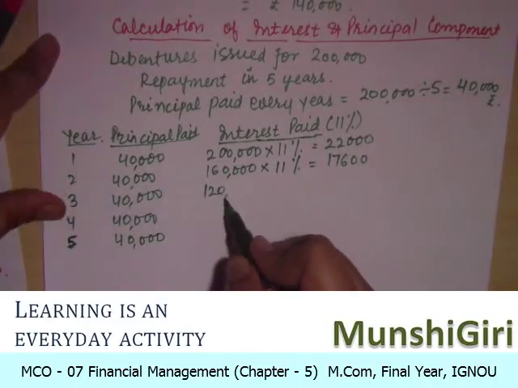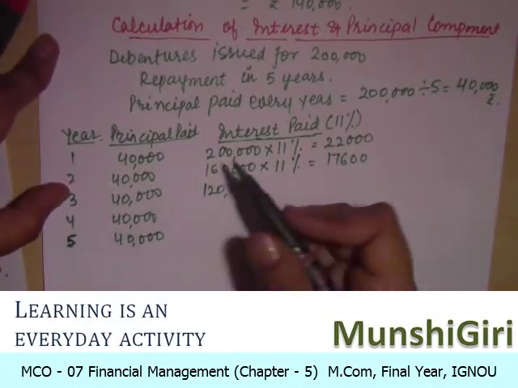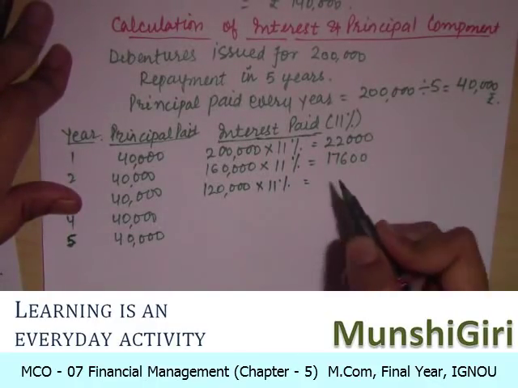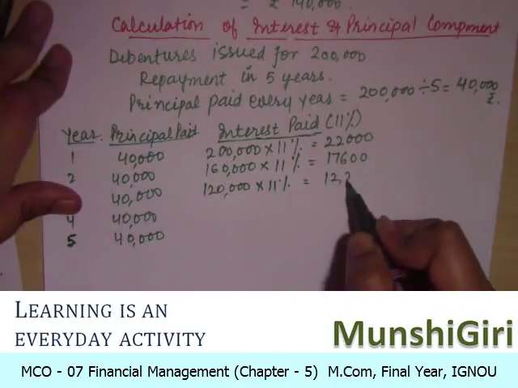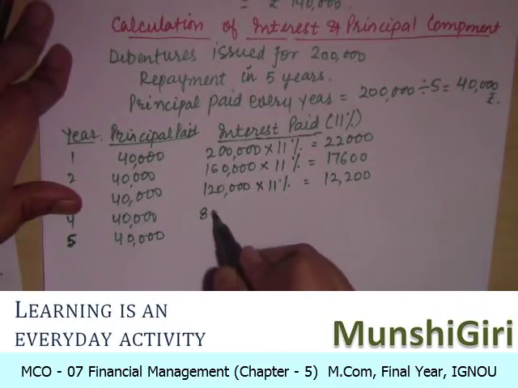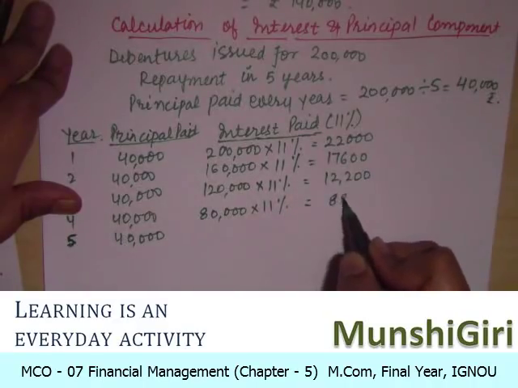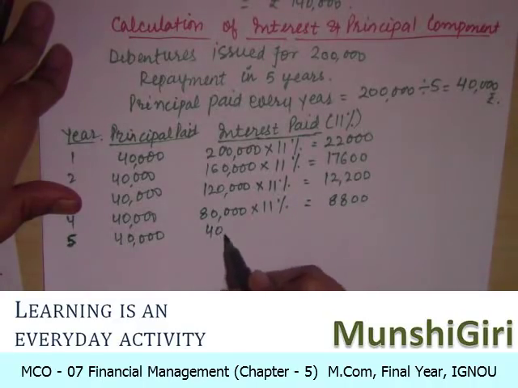Now 1,20,000 remains, as 80,000 will be paid by the company by the end of year 2, into 11% is 13,200. 80,000 into 11% is 8,800, and 40,000 into 11% is 4,400.